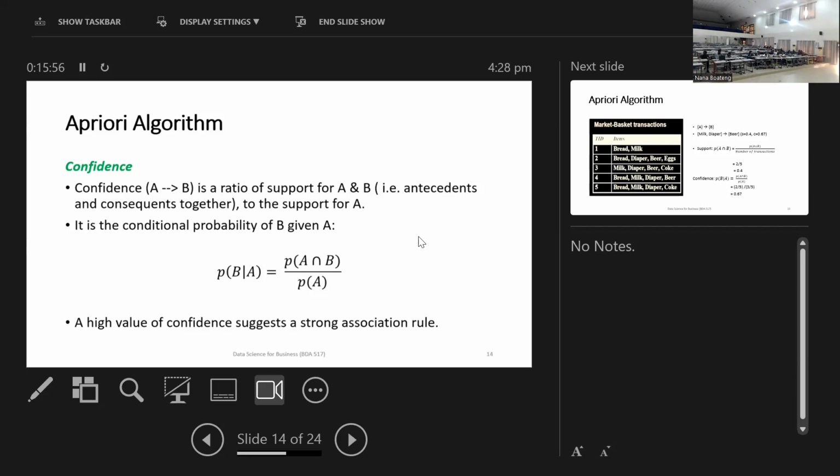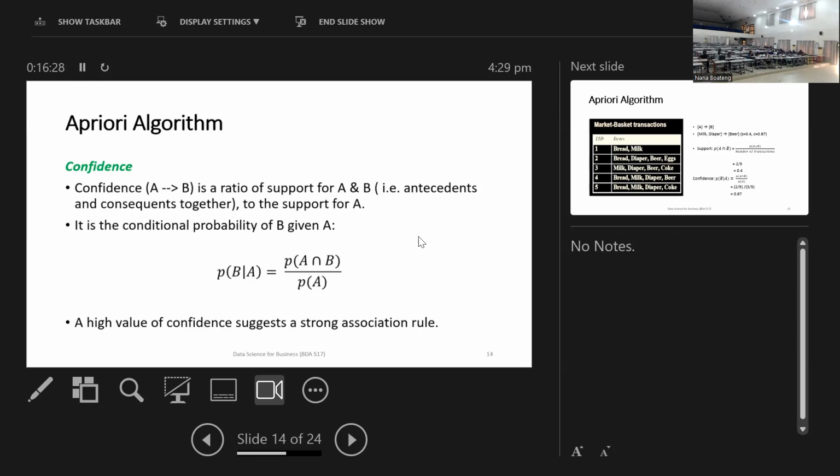So the first part, A intersection B, is the same as the support, and then the probability of A. That gives you the confidence. It's the rate at which you think the support will happen. So a high value for confidence suggests a strong association.